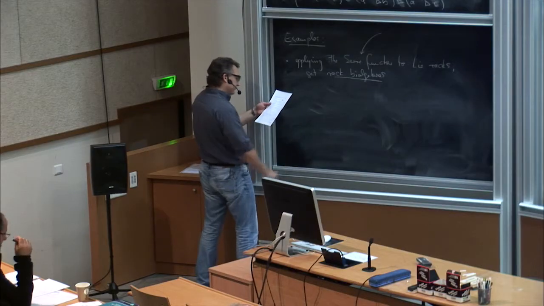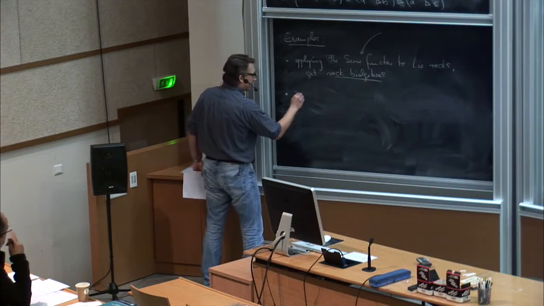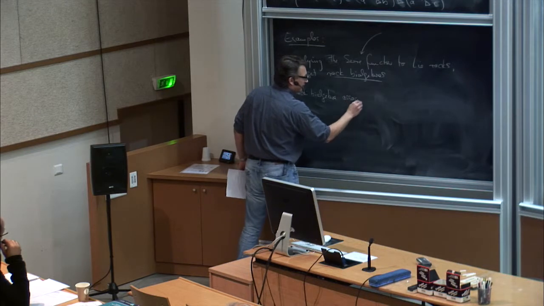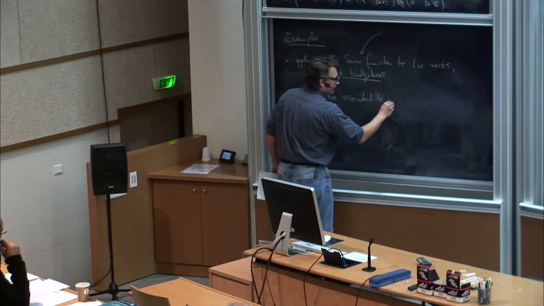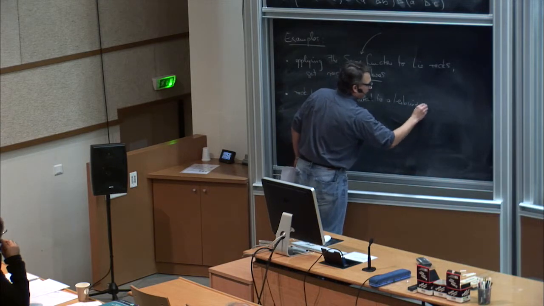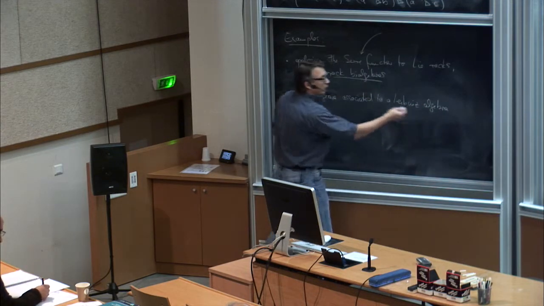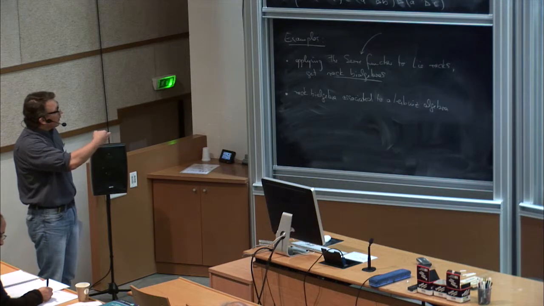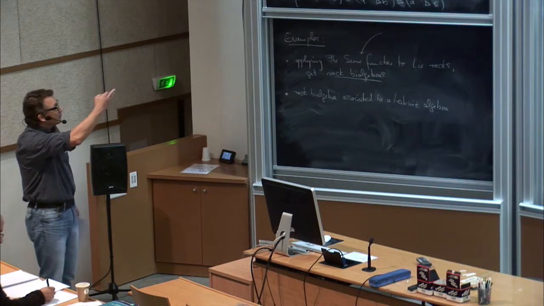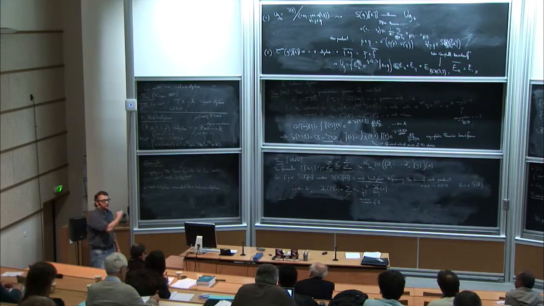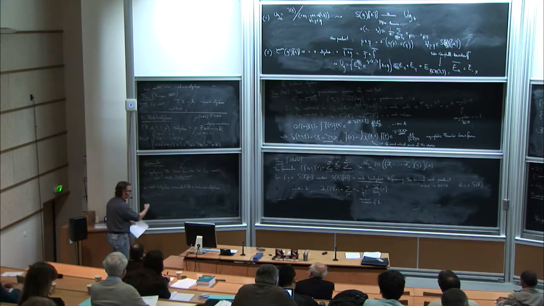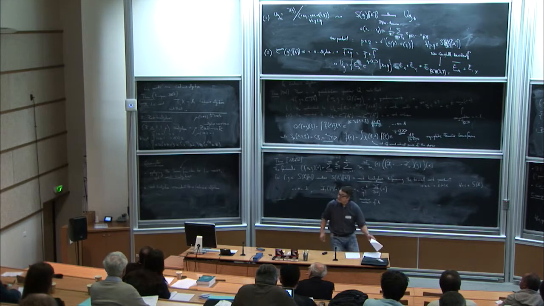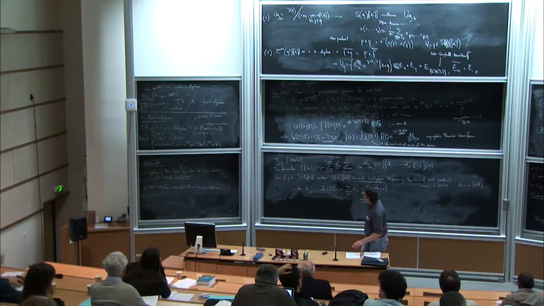So we also have a rack bialgebra associated to a Leibniz algebra, which is a construction of a rack product mu on the symmetric algebra of the underlying Leibniz algebra.